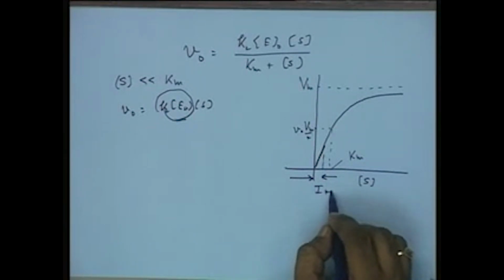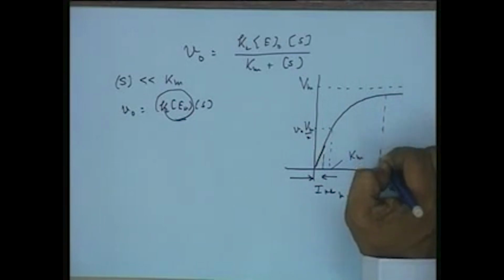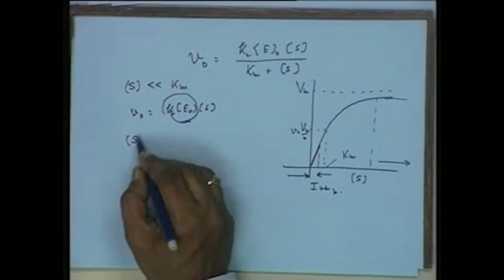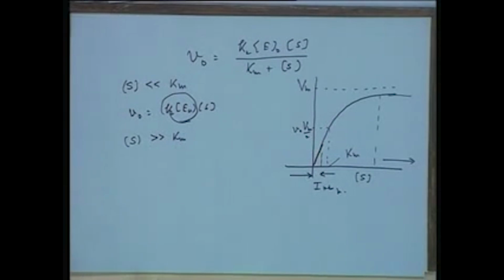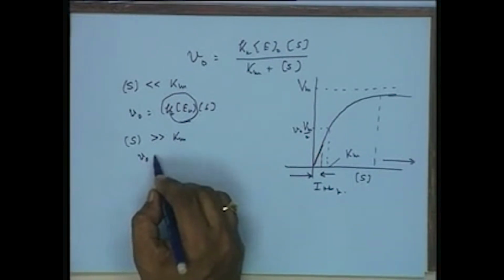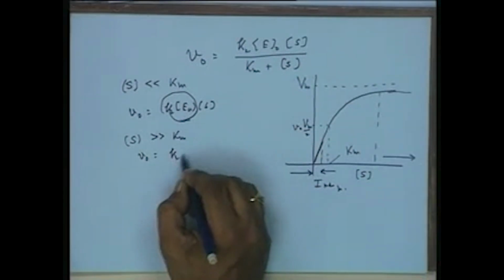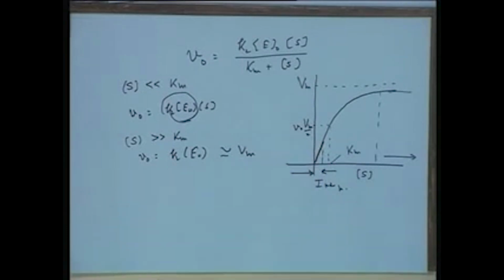first order kinetics. Similarly, on the other extreme, if you go to the concentration beyond this point, when substrate concentration is much greater than Km, your V0 becomes K2 E naught, approximately equal to Vm, which means essentially a 0 order kinetics.